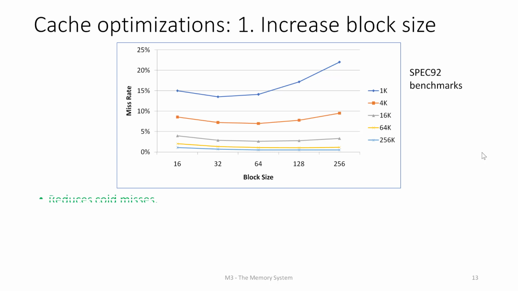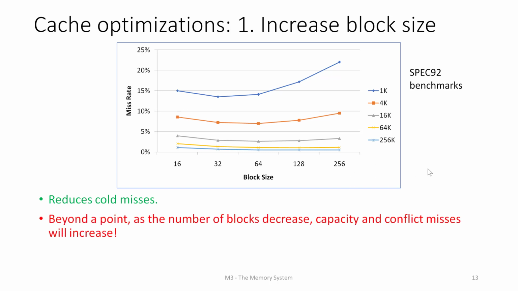What was observed was that the number of cold misses was reducing, but beyond some point, the overall miss rate started increasing.